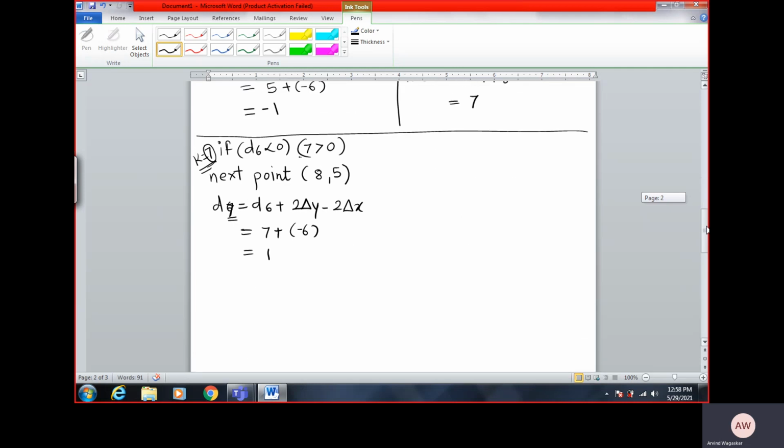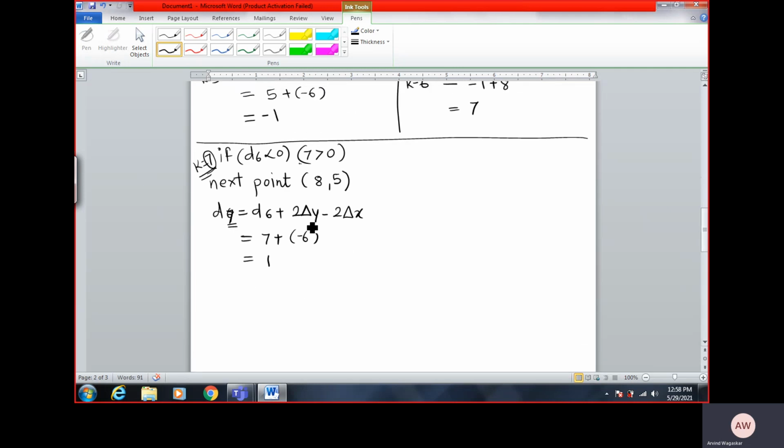Okay. So I'll summarize what we got here with the help of a table. What is required? Value of d, then x and y.